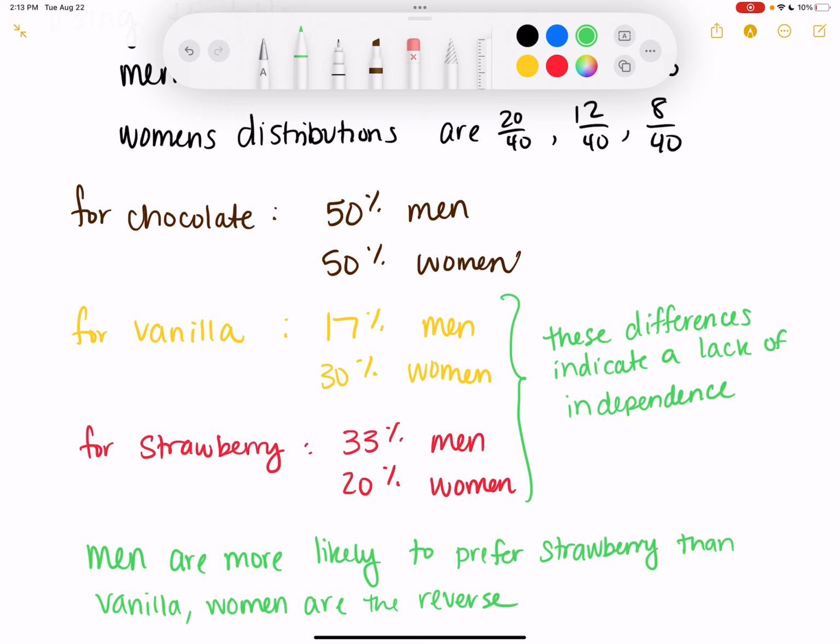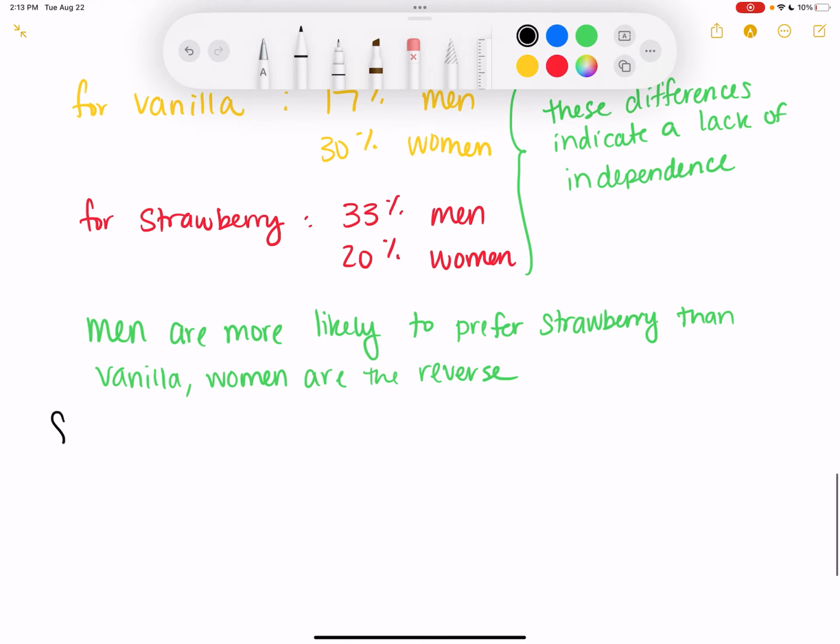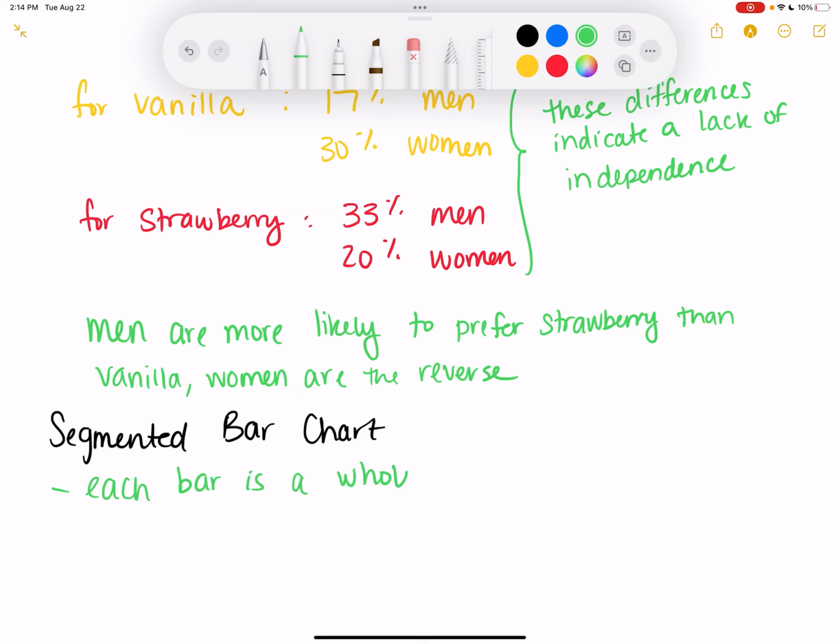All right, I'm going to do the segmented bar chart that goes with this and maybe one other note, and then we're going to save this last example to look at tomorrow because we won't have time to do that today. So the segmented bar chart: each bar is a whole. Instead of 3 separate bars before, now it's going to be 1 bar shaded in to make one whole.